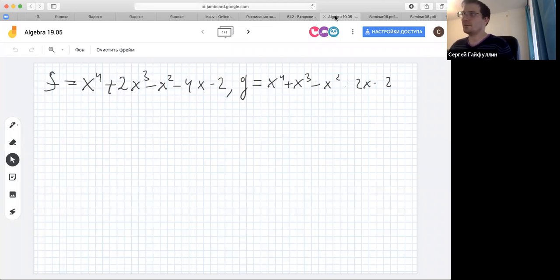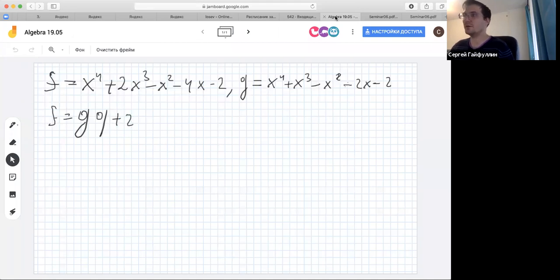And we will compute the greatest common divisor by the Euclid algorithm. This algorithm is as follows. We need to divide f by g, which f is maybe not divisible by g. So we have such that f equals g multiplied by q plus r, where r is the remainder.